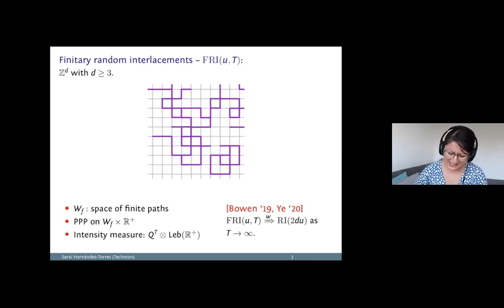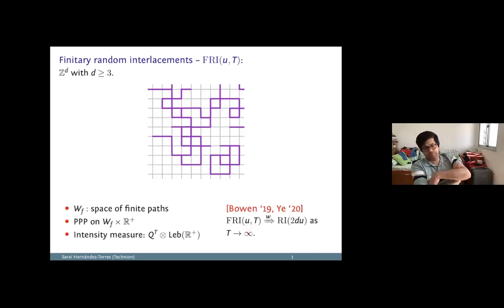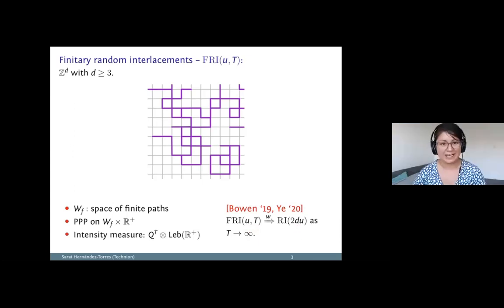It says that we have weak convergence of the finitary random interlacement of level u and killing parameter t to the random interlacement at level t·2d·u. This is a little bit annoying because I will have to carry a 2d everywhere, but it's essentially just the degree of the vertex. This is as t goes to infinity.